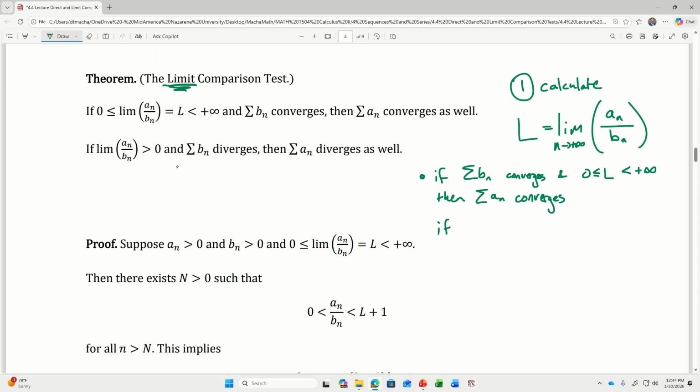The other conclusion you can make from this limit comparison test is if your series b diverges and the limit is greater than 0. So it's not 0, but it's strictly greater than 0. It could be a finite number, or it could be infinity for all we care about. Then your original series a diverges.